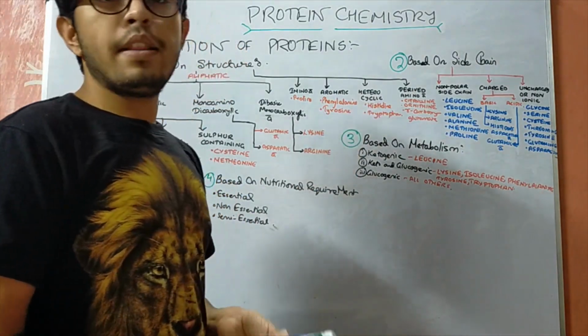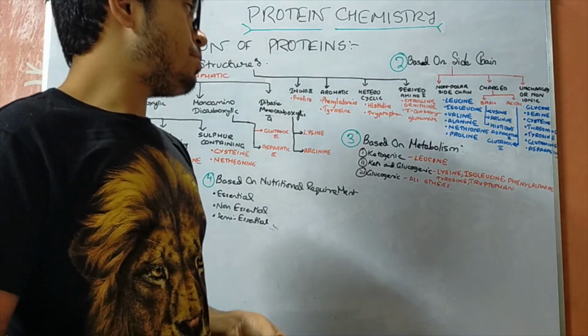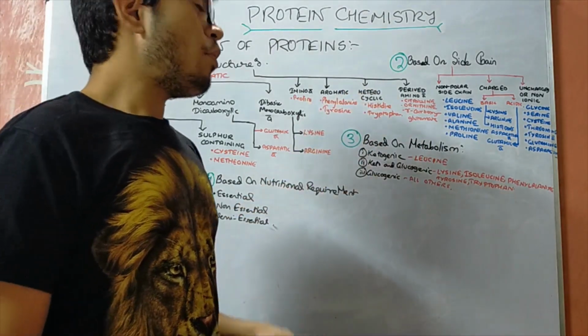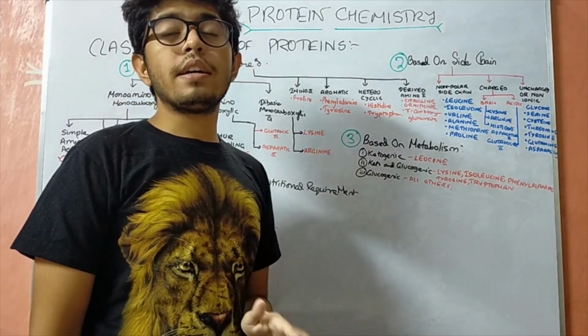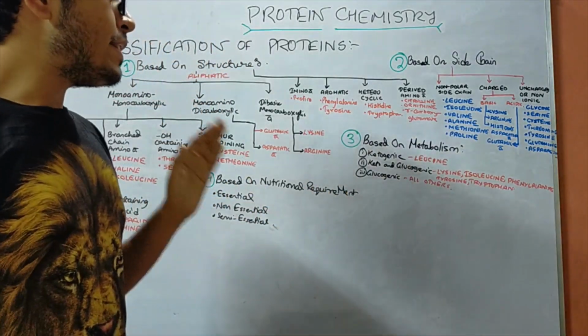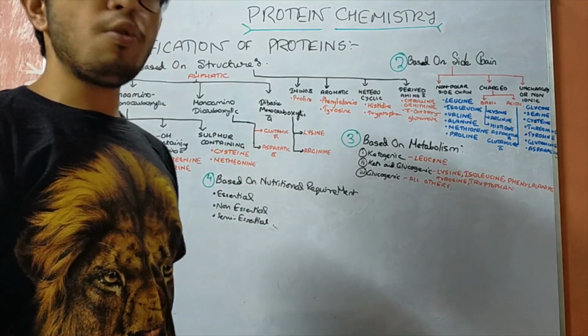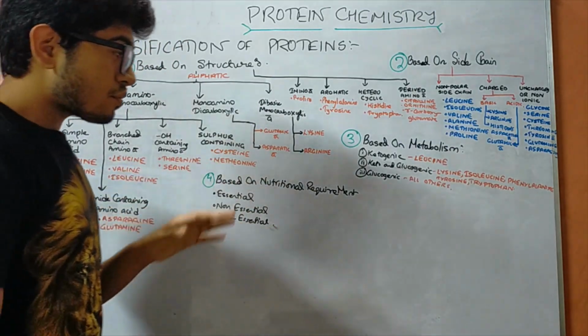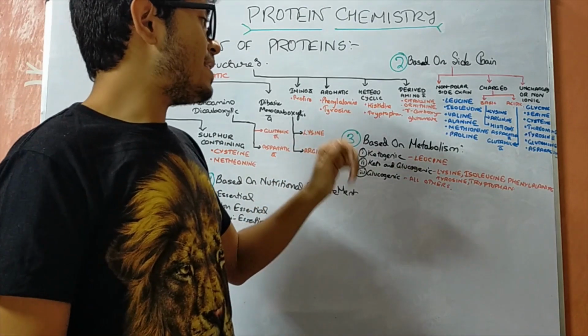Heterocyclic amino acids include histidine and tryptophan. Histidine has an imidazole group, whereas tryptophan has an indole group. So this is what we have basically.